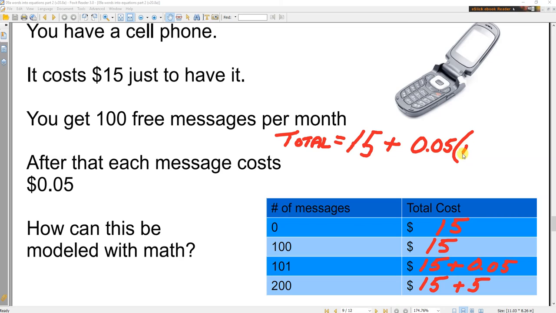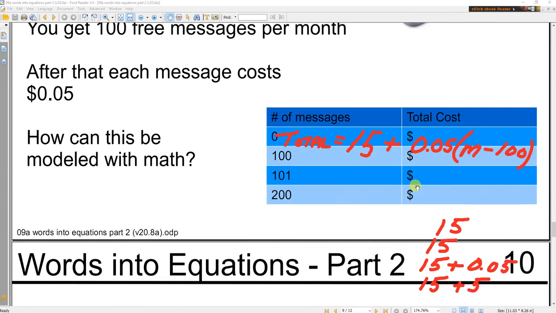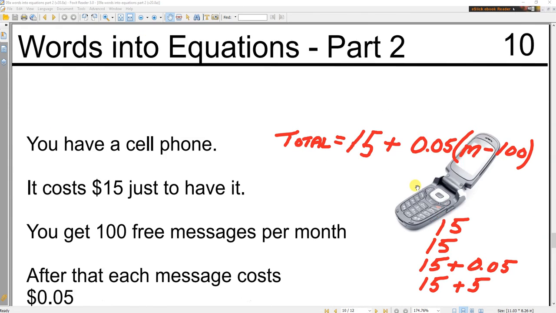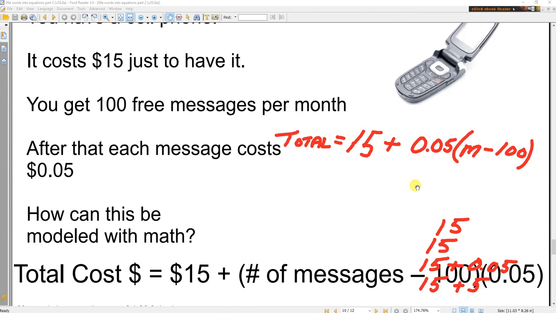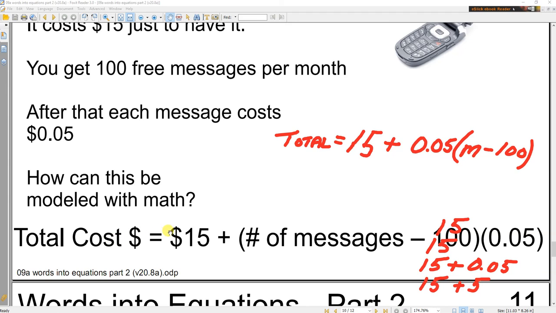Number of messages minus the number of free ones. How many frees? 100 frees. Total cost equals 15 plus number of messages minus 100 times a nickel. Don't worry that I'm putting the nickel behind here and in front over there. It's okay.